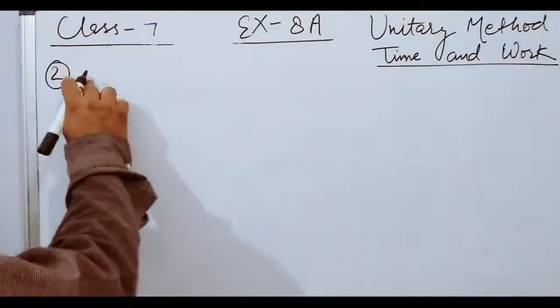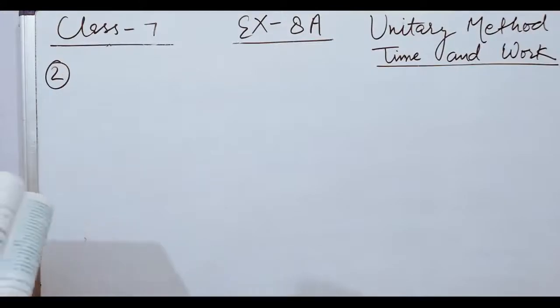Now question number 2. At a party, 8 packets of chips are served for every batch of 50 students. How many packets would be served if 40 students were present at the party?